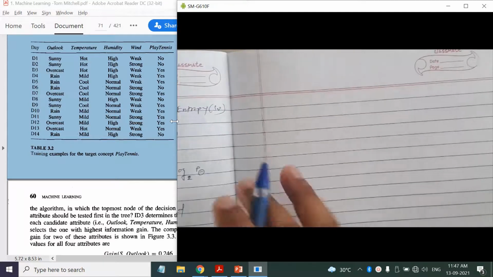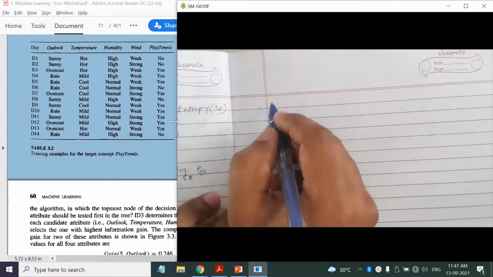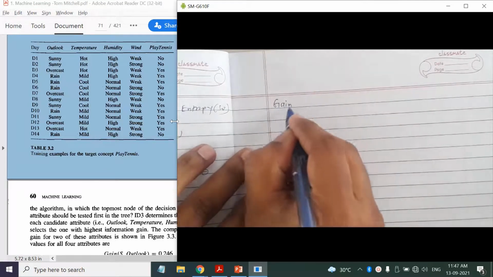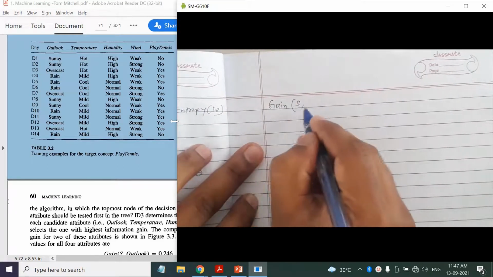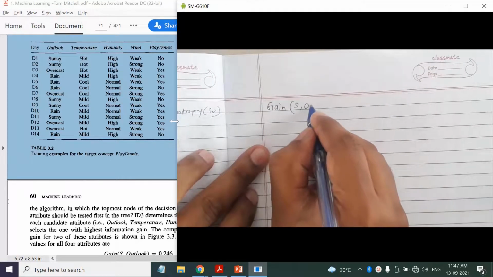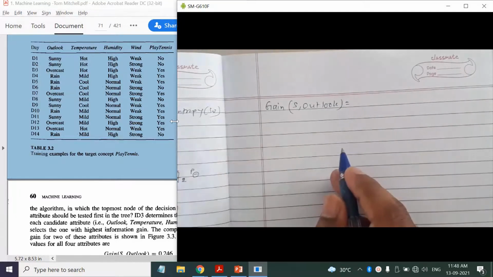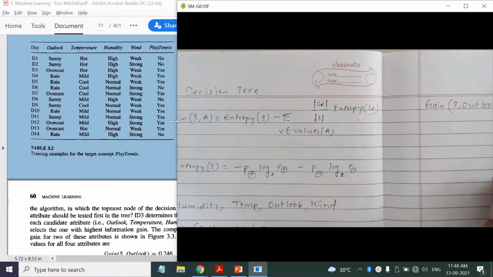Now let us calculate the values for the first attribute, that is outlook. I will be calculating the gain of training examples S when my attribute is outlook. Just put the values in this given equation.